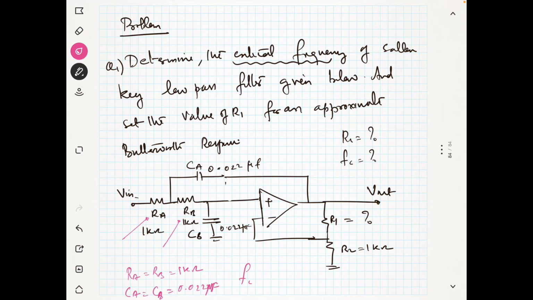So the critical frequency is very easy to find: 1 by 2 pi RC, which is 1 by 2 pi into 1 kilo ohm into 0.022 microfarad. You will get this answer as 7.23 kilohertz. That's the cutoff frequency.